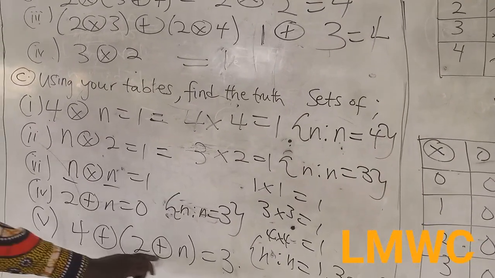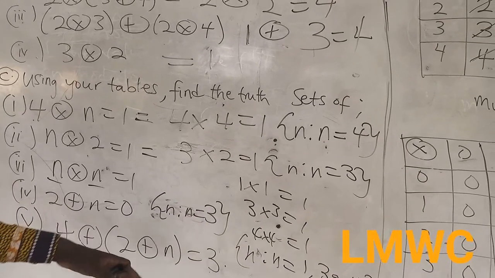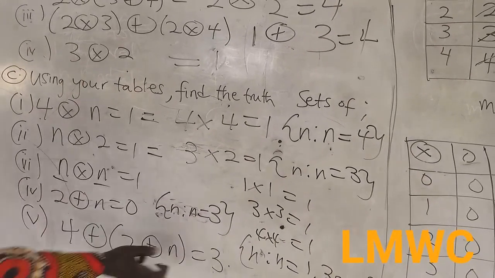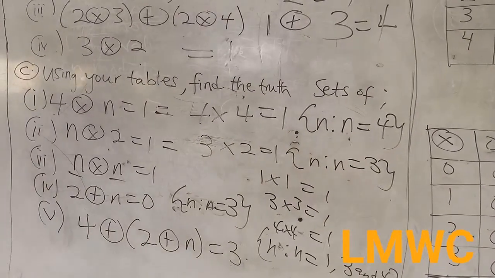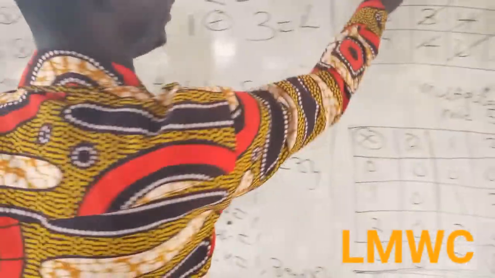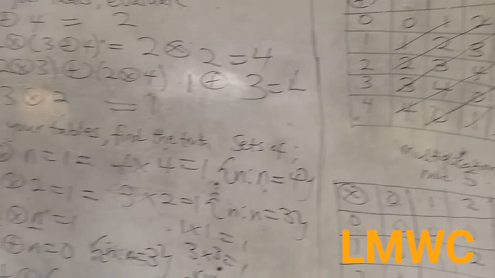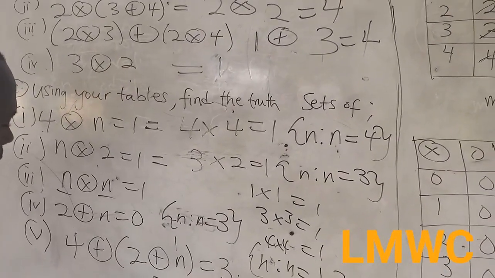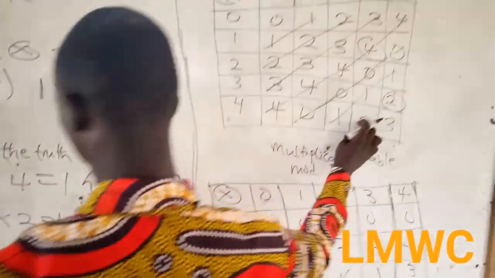4 plus 2 plus n is equal to 3. They want you to find a value for n. They are talking of addition table here. So let me put 1 here. 2 plus 1, we are getting 3. And 4 plus 3, we are getting 2.